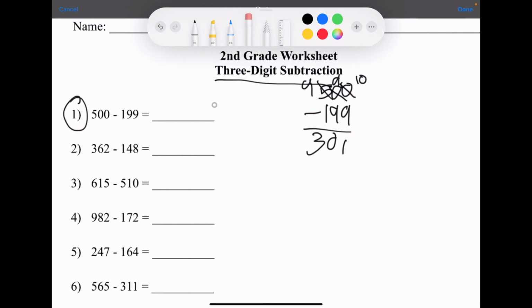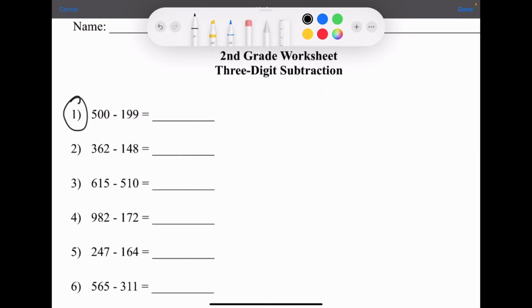Next is question 2. So let me erase this real quick. In question 2, it asks, what is 362 minus 148? So you can't do 2 minus 8, so you take from here, 12 minus 8 equals 4.